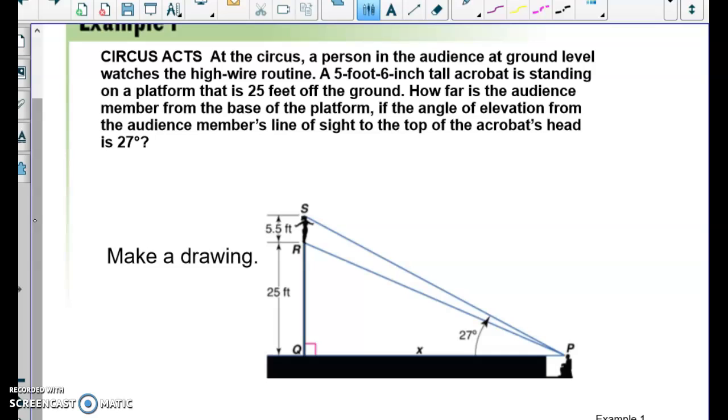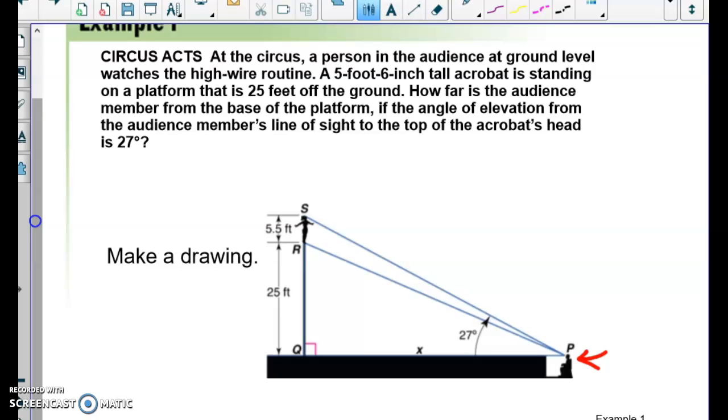And at the circus, a person in the audience, this is me sitting down here at point P, is watching the high wire routine. A 5'6" person is standing on the platform that is 25 feet off the ground.